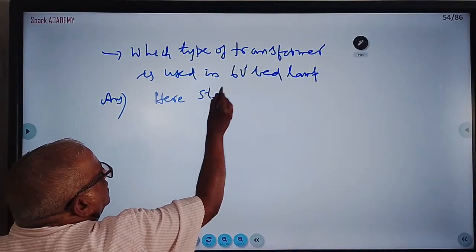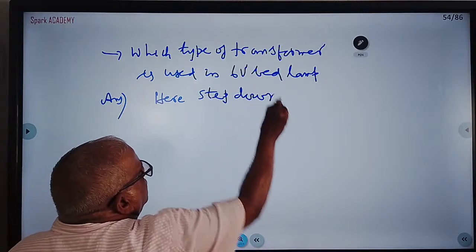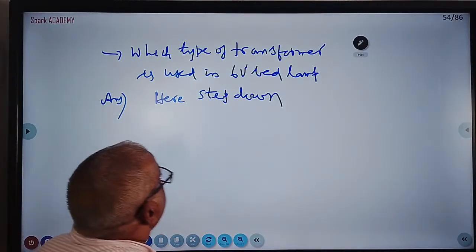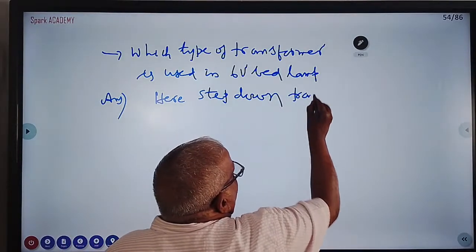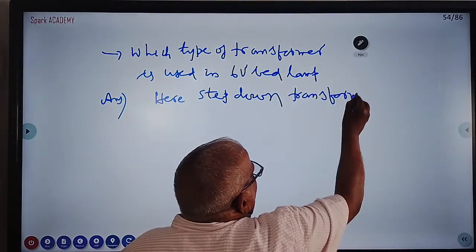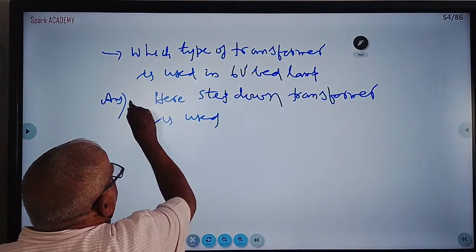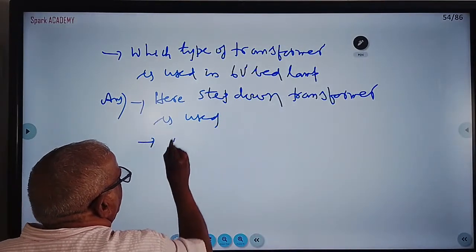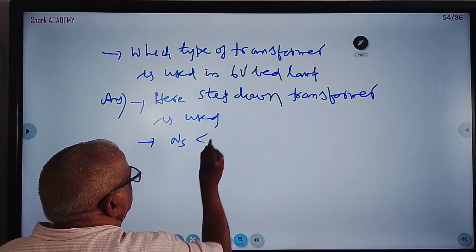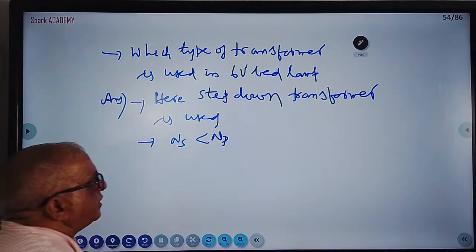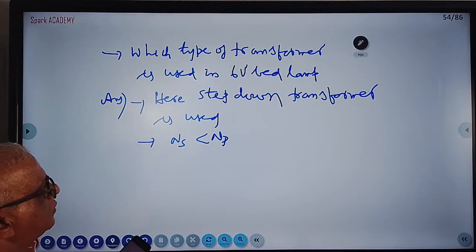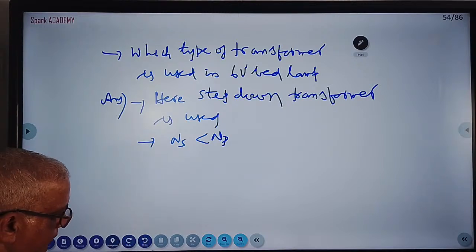Step down means high AC to low AC. Step down means the number of turns in secondary is less than the number of turns in primary. So a step-down transformer is used in the case of a bed lamp.